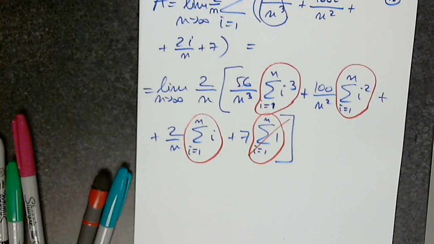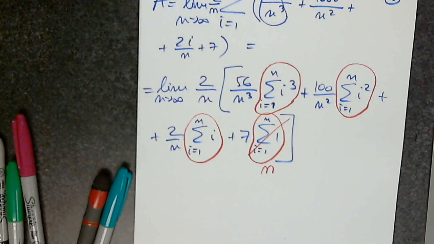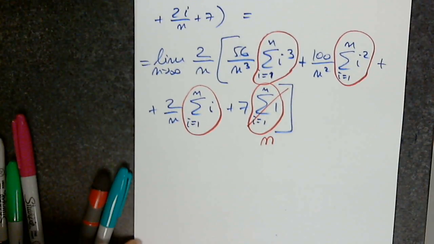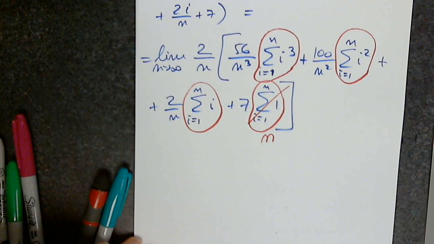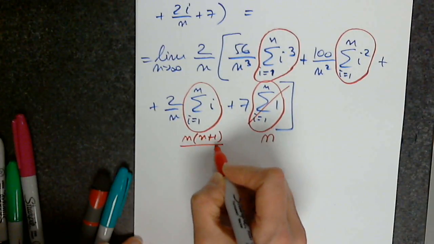So the sum of 1. When i is 1, I have 1. When i is 2, plus 1. When i is 3, plus 1. When i is 4, plus 1. When i is 5, plus 1. When i is exactly n, indeed. Good. What do I replace the sum of i by? n times n plus 1 divided by 2.